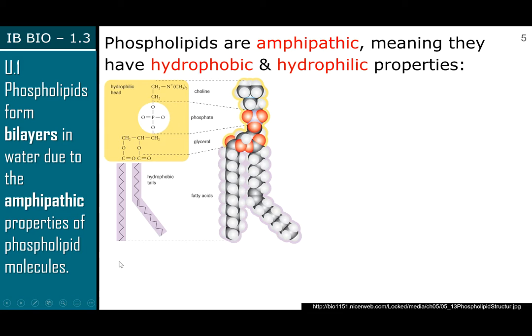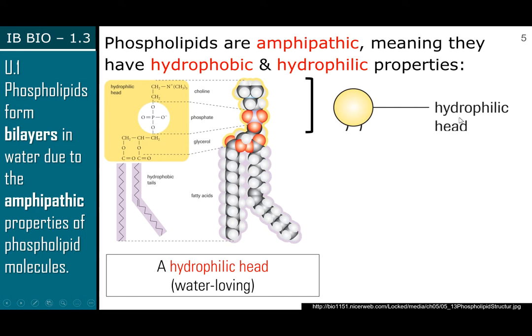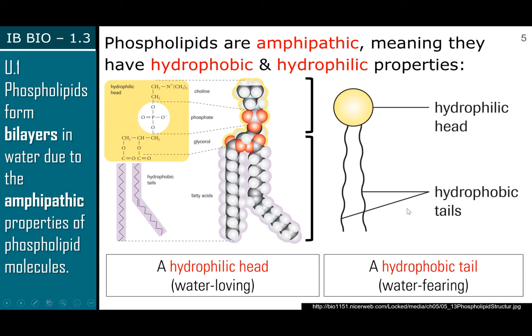So the word amphipathic means they have both hydrophobic and hydrophilic properties. This is an actual molecular diagram of one of those phospholipids. We have that glycerol head, which is hydrophilic, meaning it likes water, and we have the hydrophobic tail. And the fatty acid tails, being hydrophobic, means they don't like water.